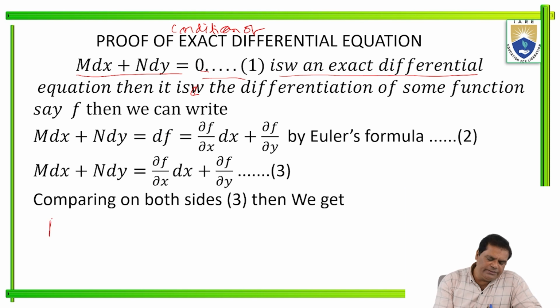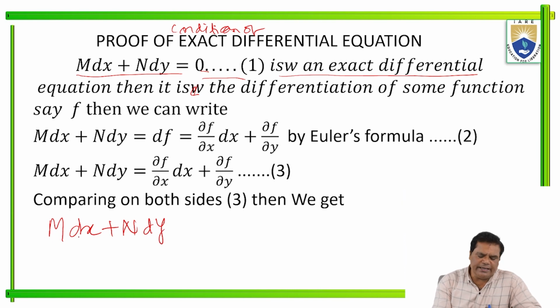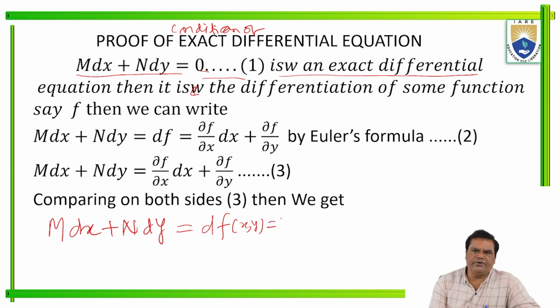Any differential M dx plus N dy, if it is exact, means it is integrable, that is, it is the differential df of a function f, where f is a function of x and y. The total differential of the function f(x, y) is del f over del x dx plus del f over del y dy.